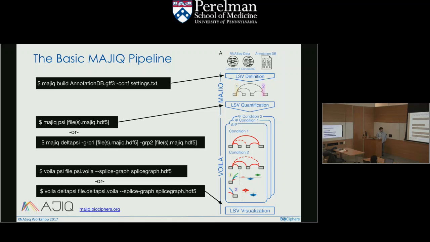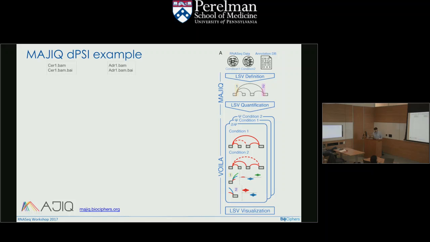And just like MAJIQ, you can visualize things for psi within a single condition or delta psi between two conditions, as illustrated here. So that's just the overview of what happens, but let's walk through what kind of files you'd actually see and what the commands might look like, just to give you a broad overview of where we're going before we get into the details.